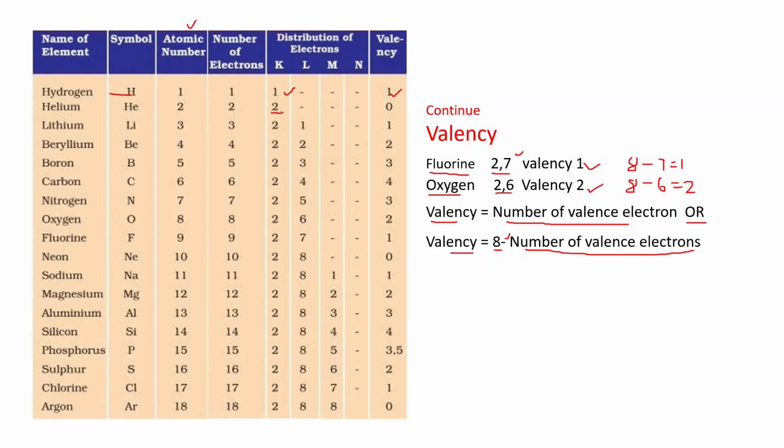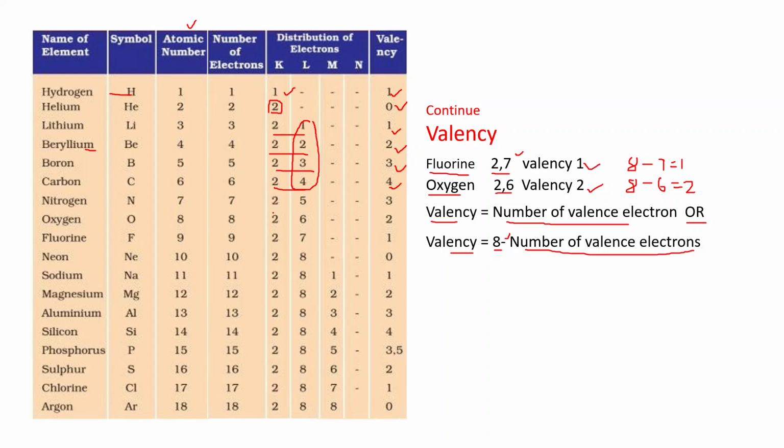Helium is 2, which is also considered a completely filled shell, and its combining capacity is 0 because it is stable, so its valency is 0. Lithium 2-1, valency is 1. Beryllium 2-2, valency is 2. Boron 2-3, valency is 3. Carbon 2-4, valency is 4. The number of valence electrons gives the valency.